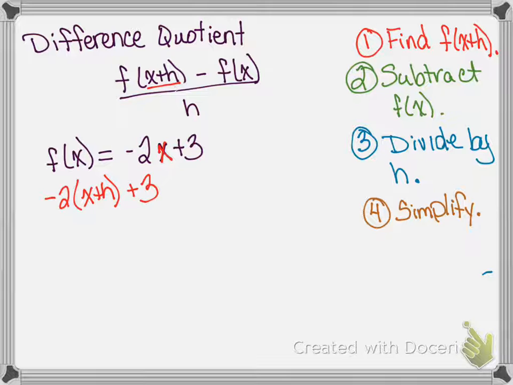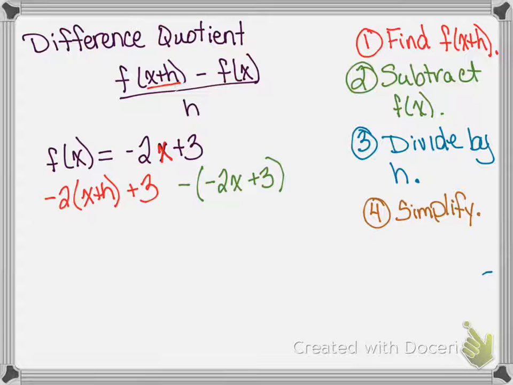I'll simplify later, but that's all I've done, I found f of x plus h. Now my next step is to subtract my original. So I have minus my original function, which is negative 2x plus 3.